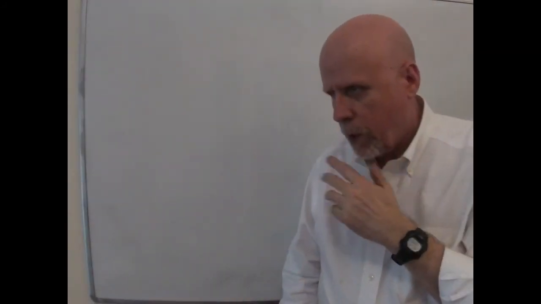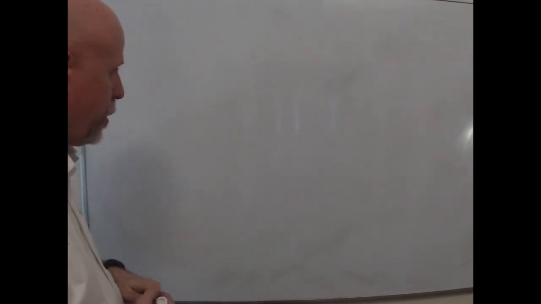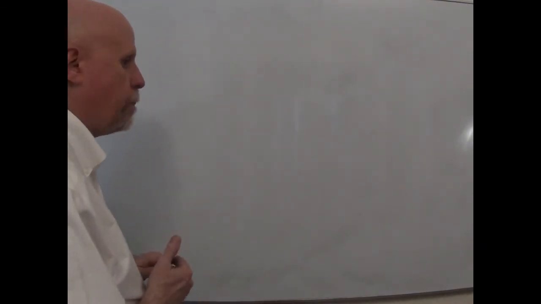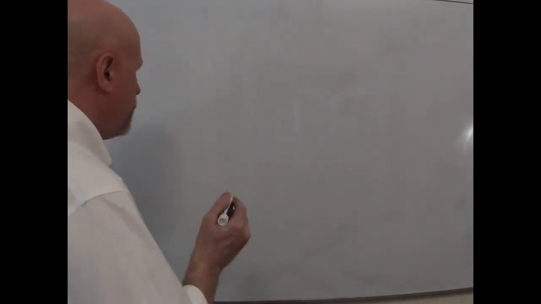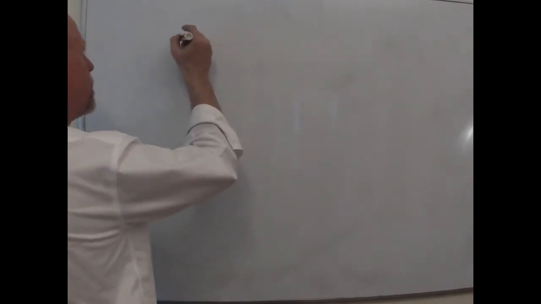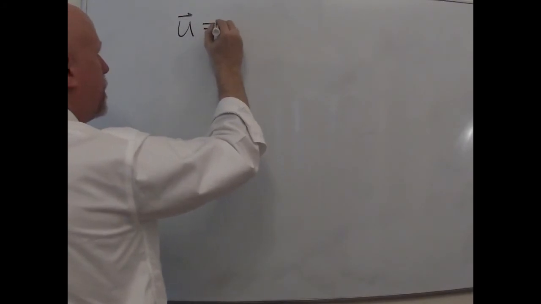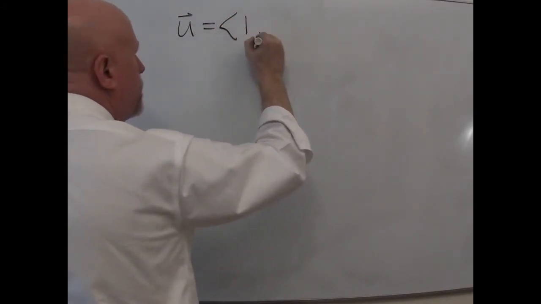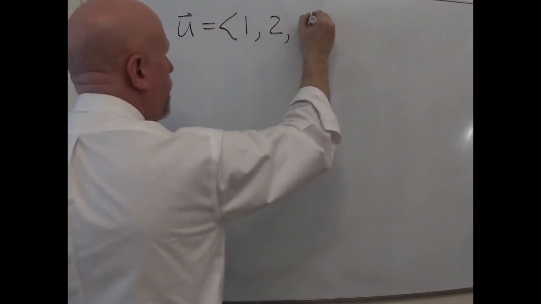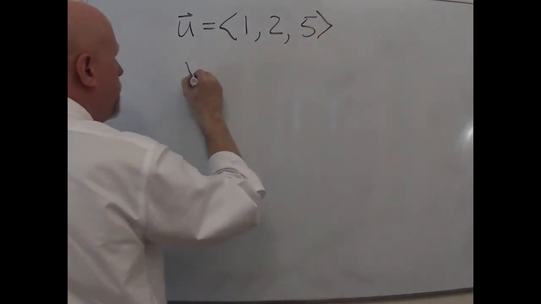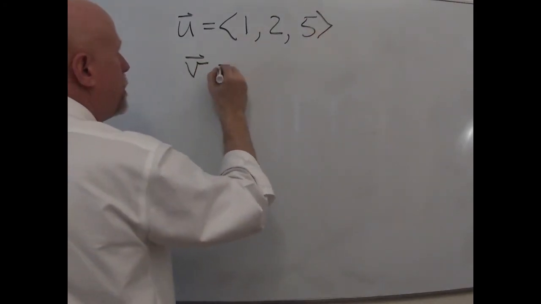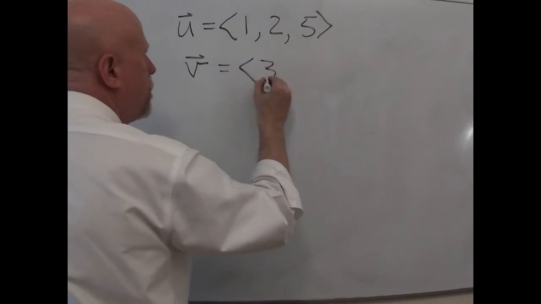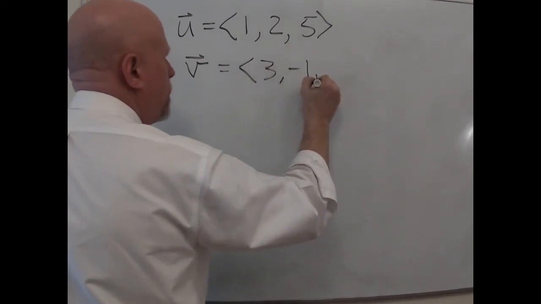I thought I'd show you a couple of other options for how to carry out the cross product calculation. Yeah, so again, let's make up a couple of vectors. How about U is 1, 2, 5, and V is 3, -1, 7.